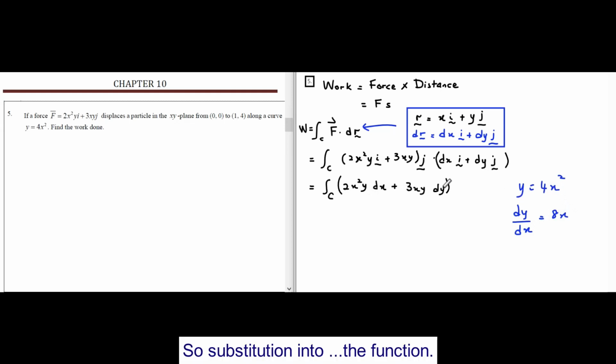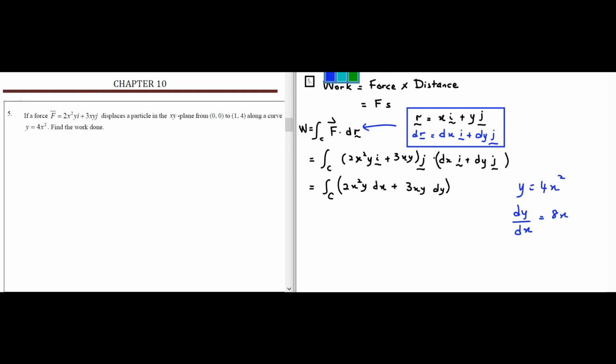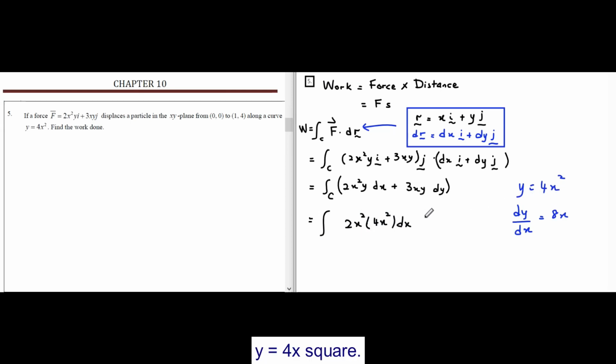So substitution into the function, y equals 4x squared, and dy in terms of dx.